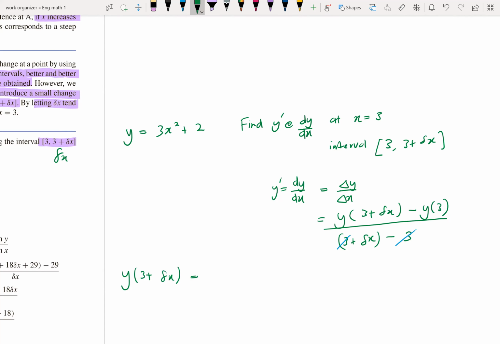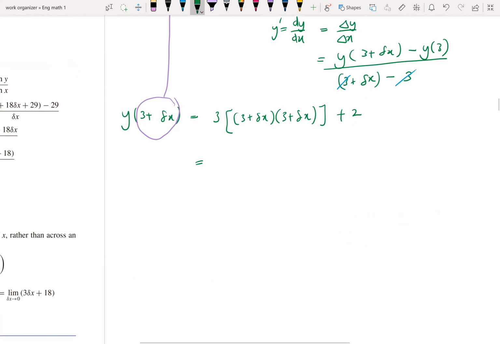So we just convert this into x. It will be 3 plus delta x, 3 plus delta x, and then plus 2.